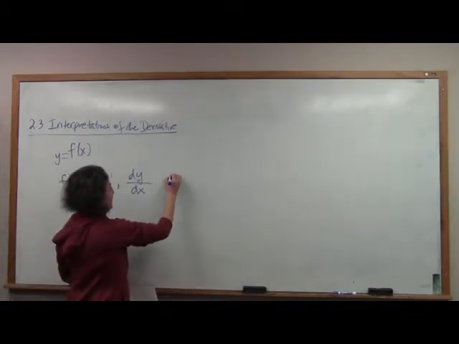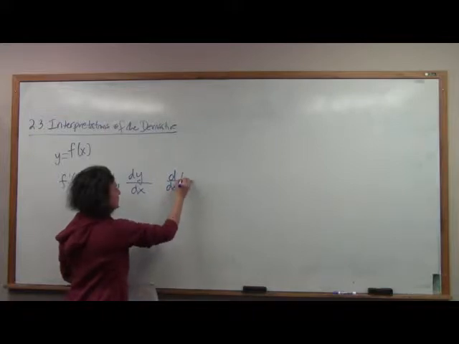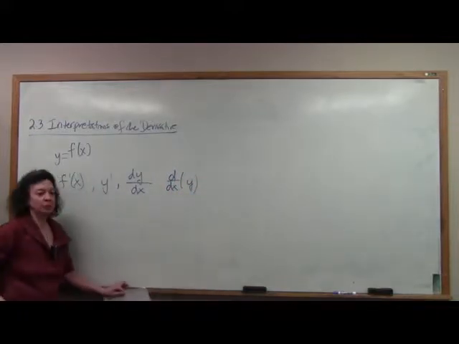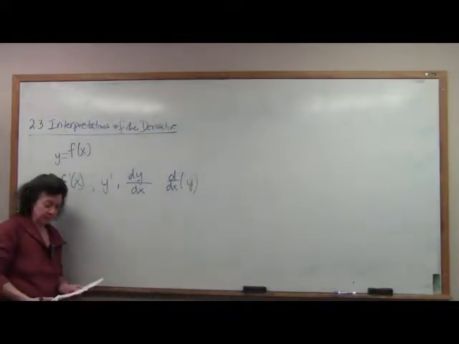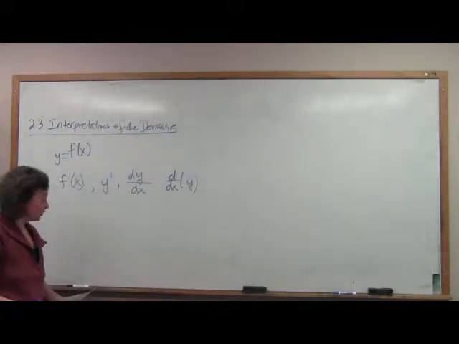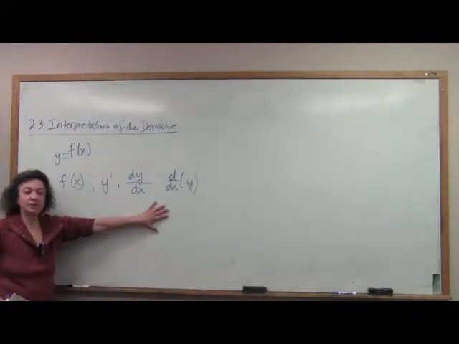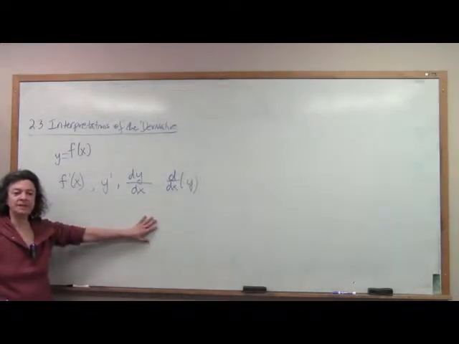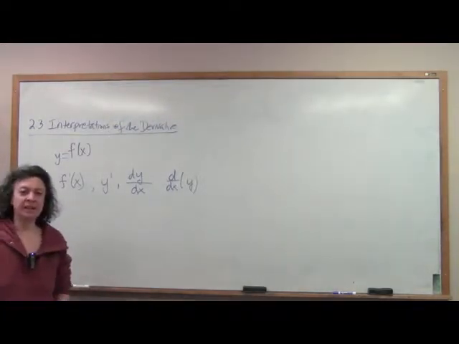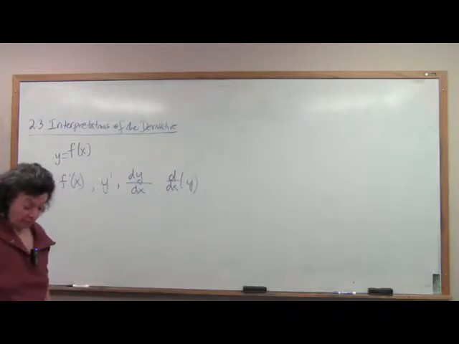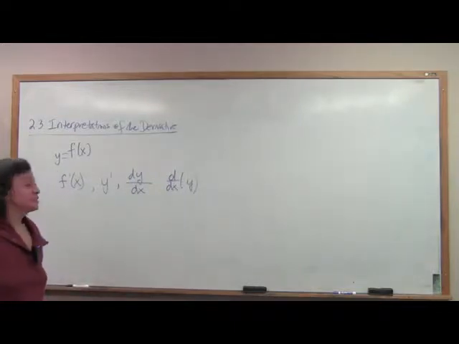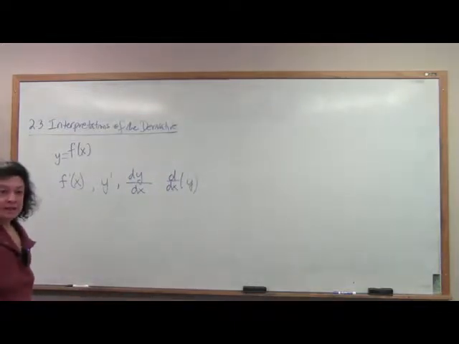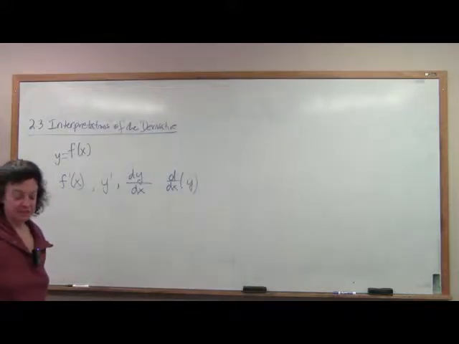Or you could say it's the derivative with respect to x of your function y. I mean, there's so many different ways that we can express the derivative of a function. And I just want you to be aware that they're all equivalent ways and just to be keen on that notation.